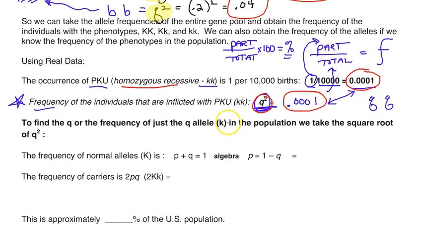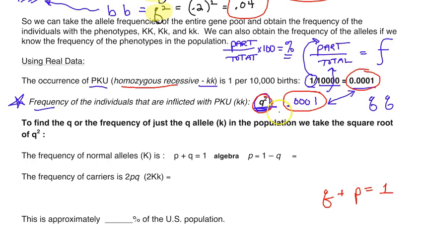Now, to find the q, a lot of times they want to know the frequency, and they want you to go back to see how many of the others. Let's say I want to find the p. What does p equal? The frequency of the dominant gene. In order to go backwards, I know that p plus q equals 1.